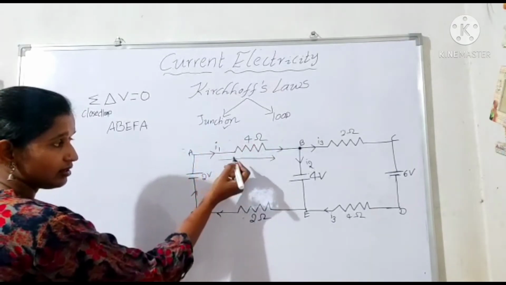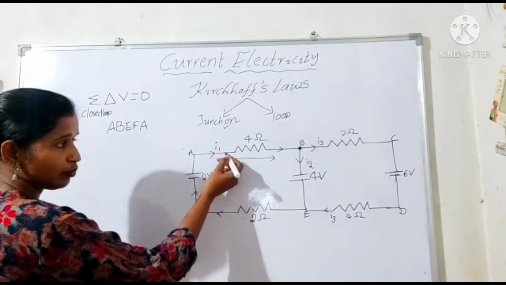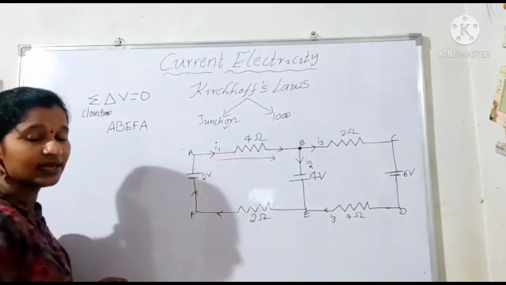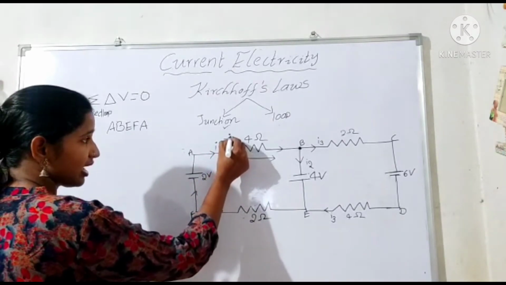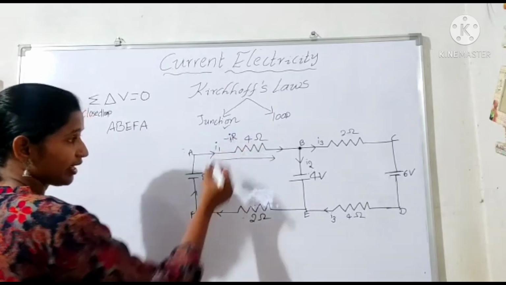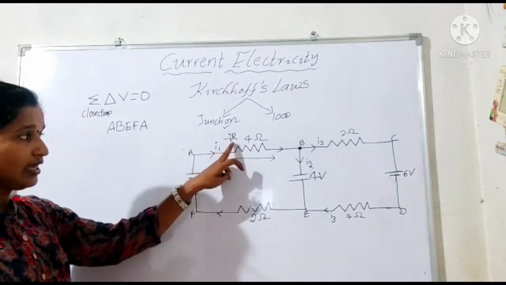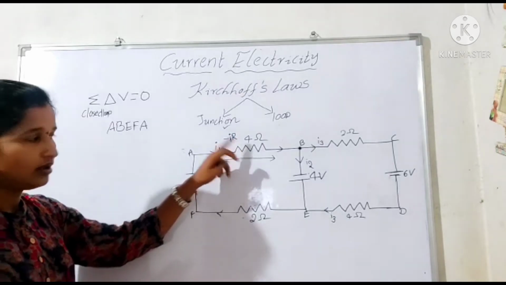When the path direction in the resistor and the current are both in the same direction, we take that as negative. That means minus I1 R, the potential across the resistance, minus IR. This is from Ohm's law, V equals IR.